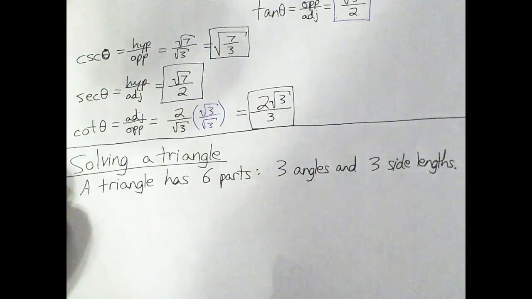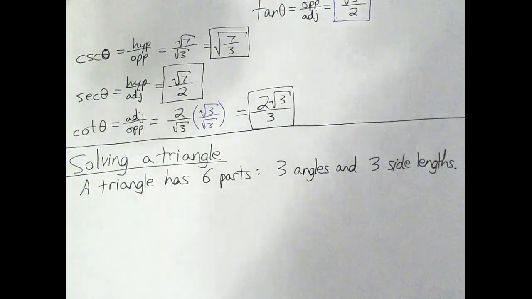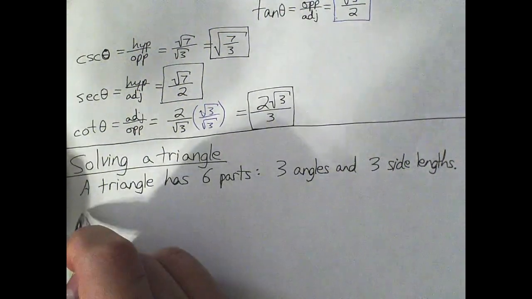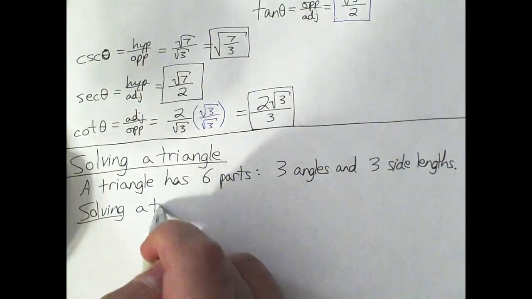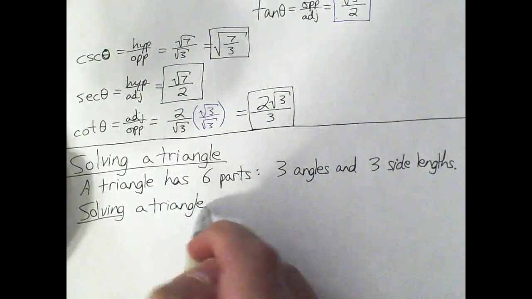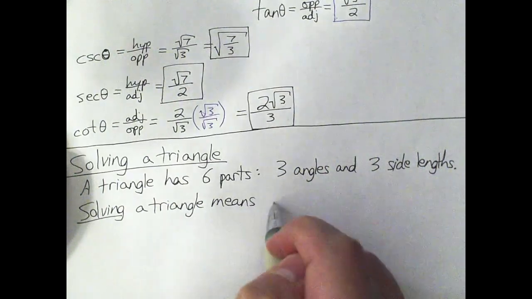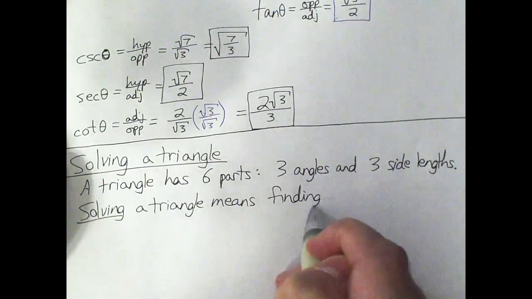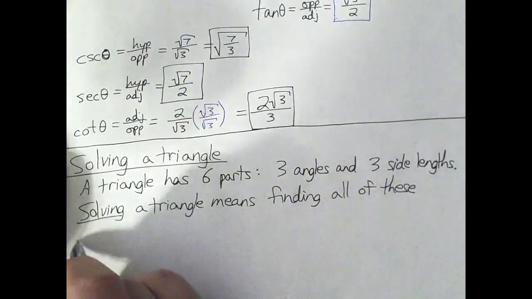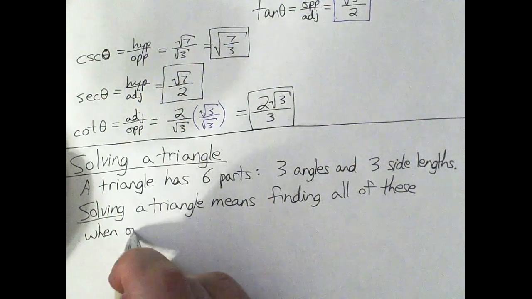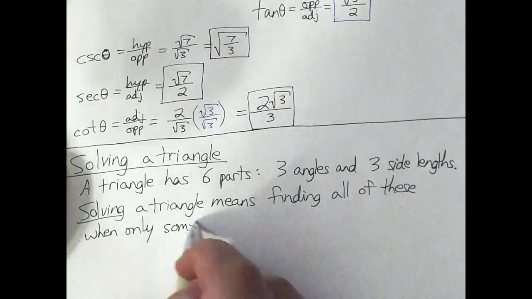Seems fair, right? Each of those angles could be thought of as a number, either in degrees or radians, and each of the side lengths can be thought of as a number, usually just a number of units. Solving a triangle means finding all of these when only some are given.